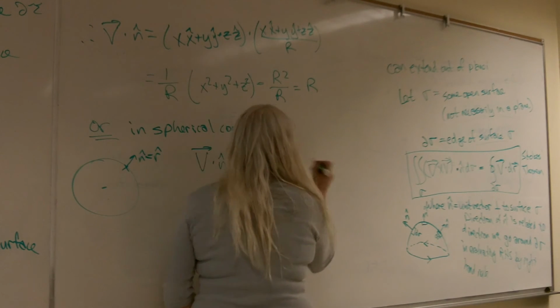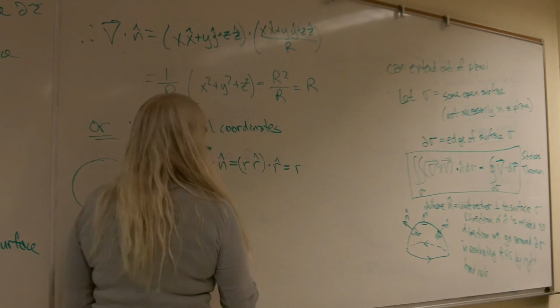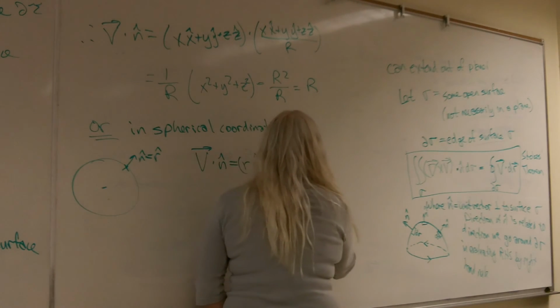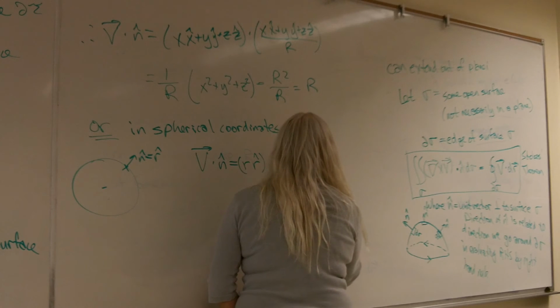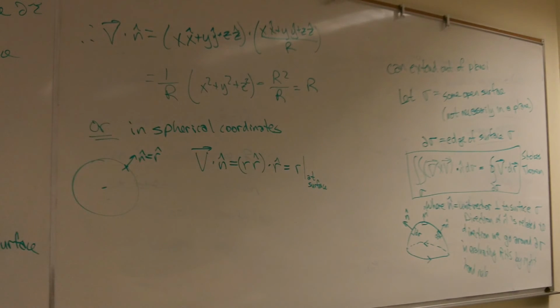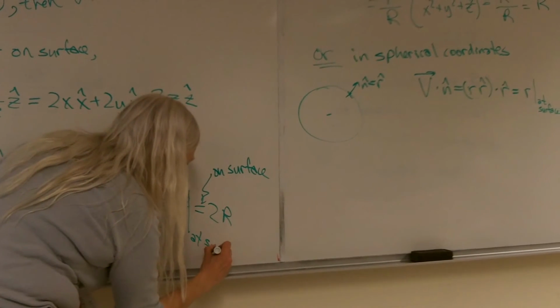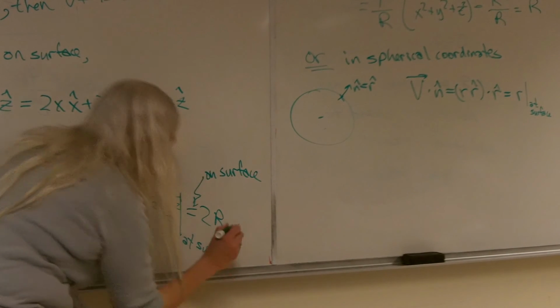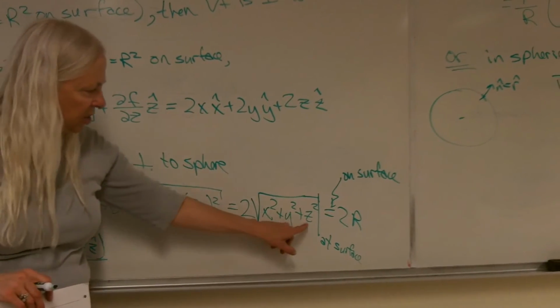So this just gives us r, but we have to evaluate this at the surface. Perhaps I should have written that explicitly right here. When we did it in Cartesian coordinates in terms of x, y, and z, it was at this stage here, right?